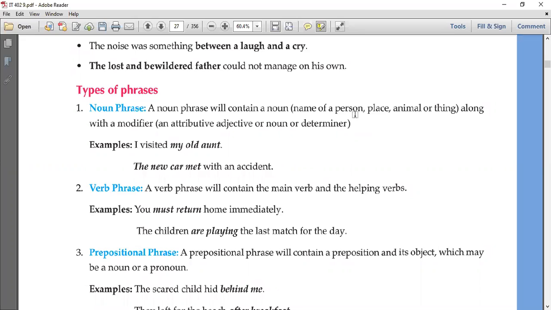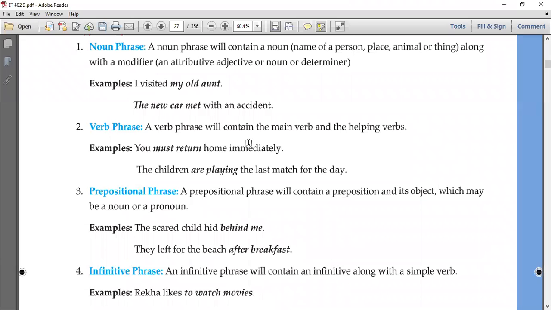Then verb phrases, which contain the main verb and the helping verbs. Like I just say, you must return. Return is the verb and must is the helping verb. Children are playing. Playing is the verb and are is the helping verb. So such phrases are verb phrases.